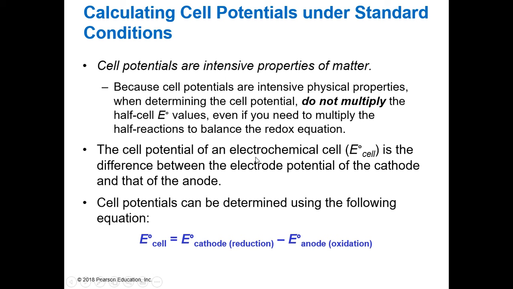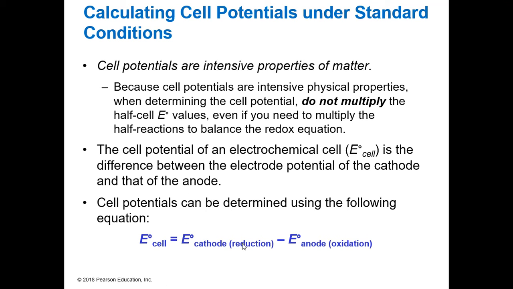The cell potential of an electrochemical cell is the difference between the cathode and the anode. So you would take E naught of the cathode minus E naught of the anode, and you would determine the E naught of the cell. Okay, that is our equation. They are both going to be reduction potentials, okay?